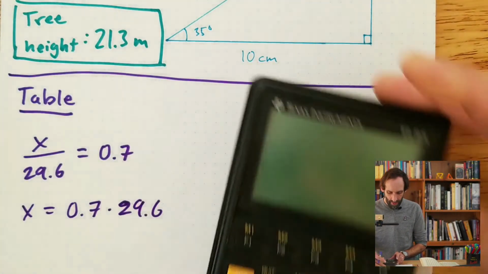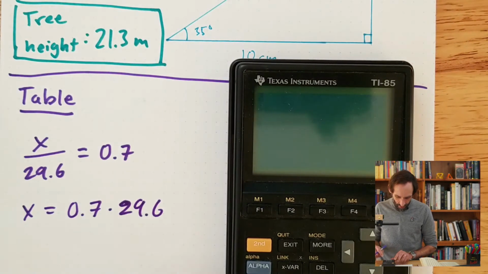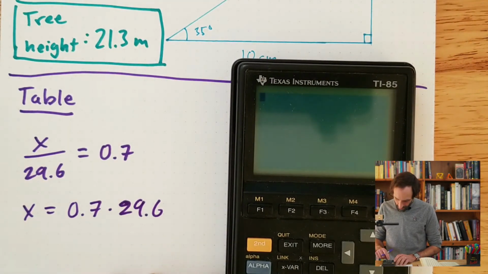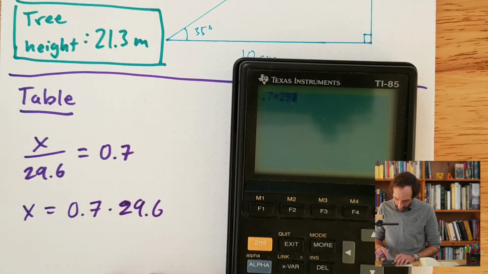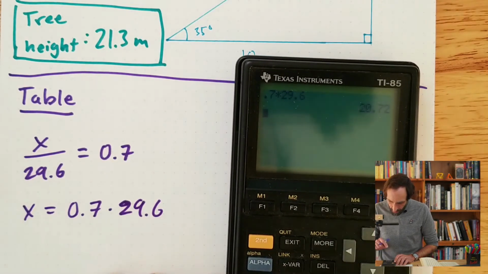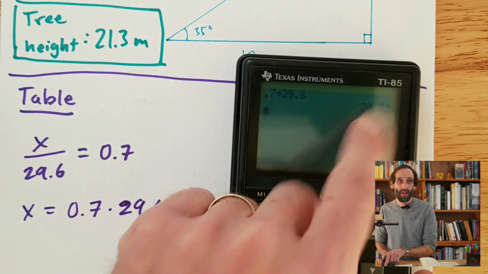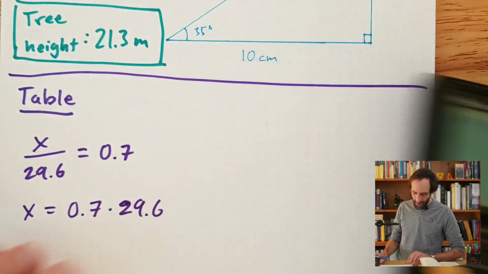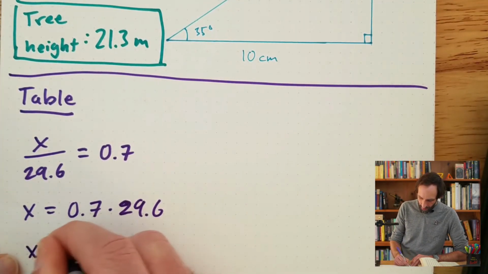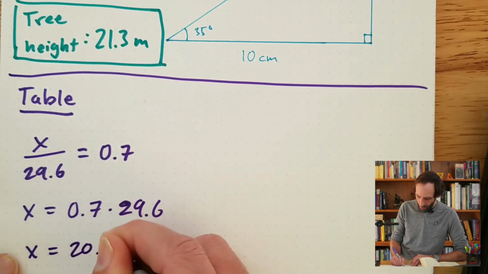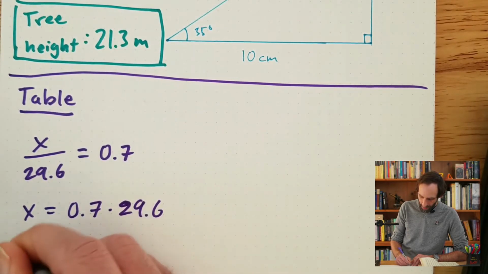So now I plug this in my calculator and I get 0.7 times 29.6 equals, if I round to the nearest tenth of a meter, 20.7. So x equals 20.7 meters.